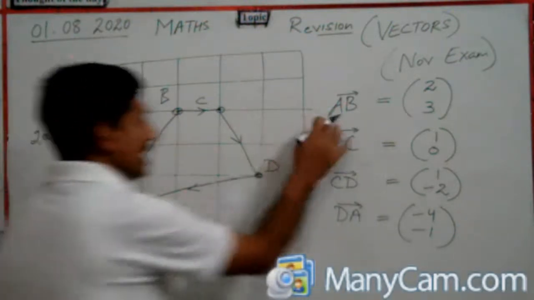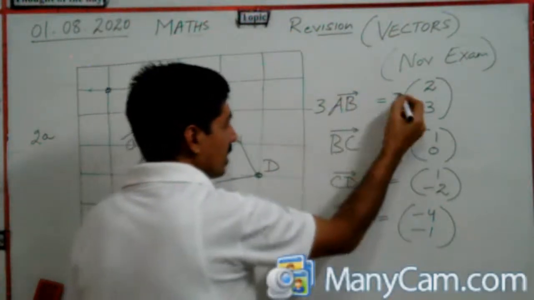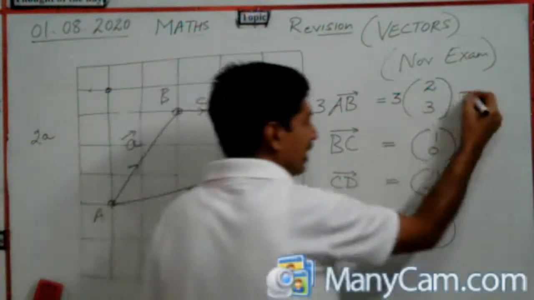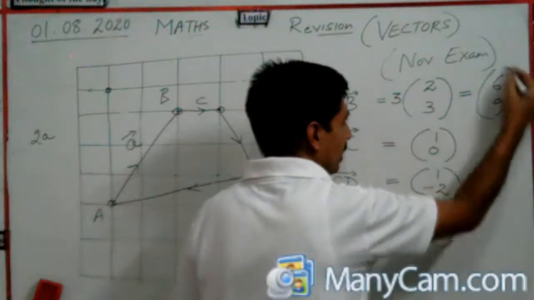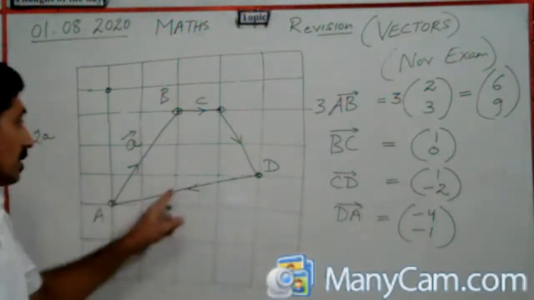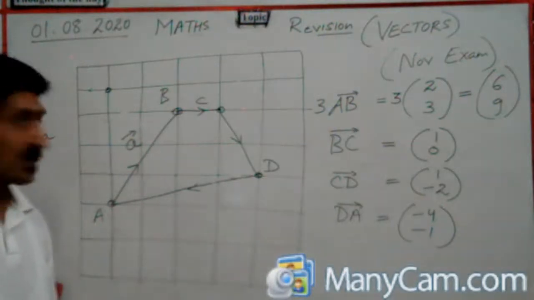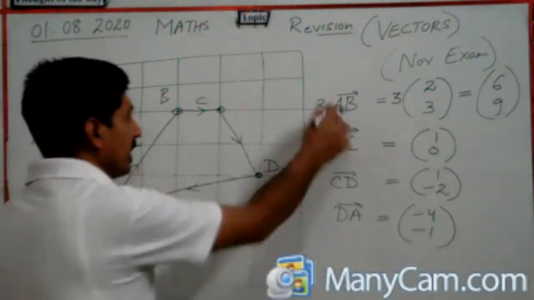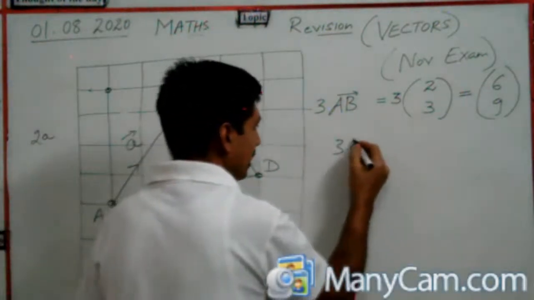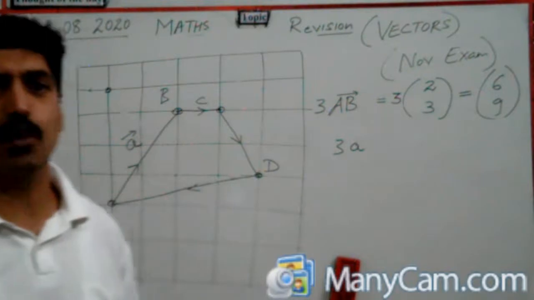Now if I say thrice of AB, then 3 is multiplied with 2 and 3 is multiplied with 3. We will get 6 and 9. So the x component will be 6 units and along the y-axis it will be 9. So it is 3 times a, or we denote it as 3a also. Vectors we are denoting with small letters also.